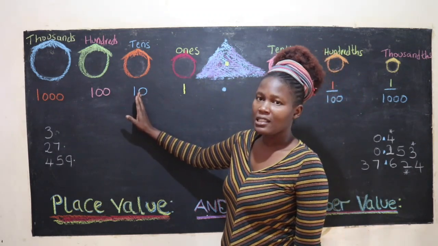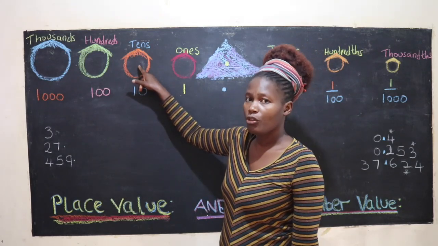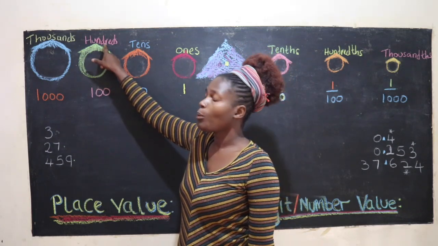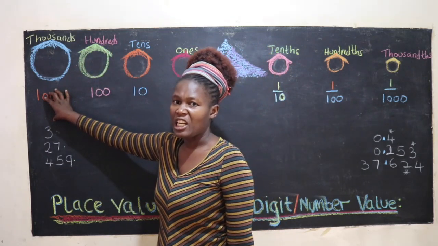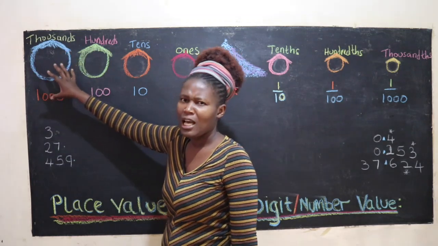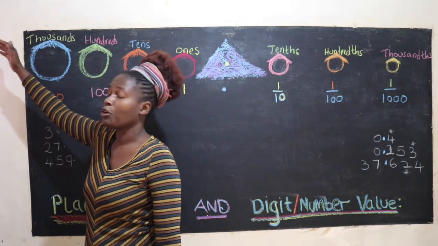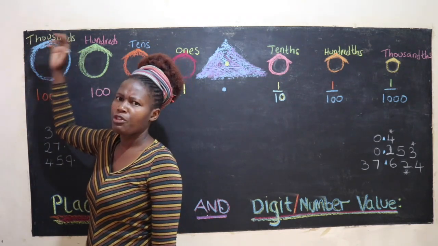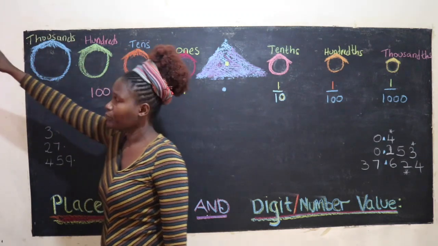When you have numbers that are in the form of tens, they live in the home of tens. And hundreds, they live in the home of hundreds. And thousands, they live in the home of thousands. And then we have other place values that I've not indicated for today. For example, tens of thousands, hundreds of thousands, and even more.